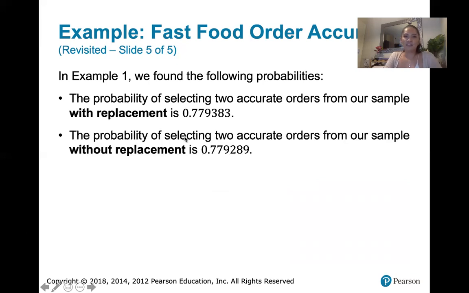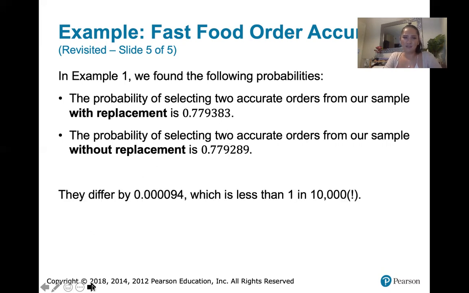Here's the probability of selecting 2 accurate orders with replacement, and here's the probability of selecting 2 accurate orders without replacement. So those probabilities are pretty similar. The first 3 digits after that decimal point are exactly the same. And then the difference between this one and this one, that's a 3 and that's a 2. If we subtract, it turns out that they differ by 0.000094.